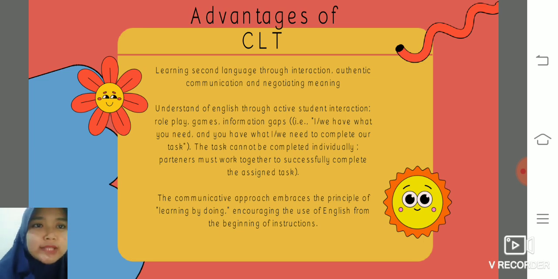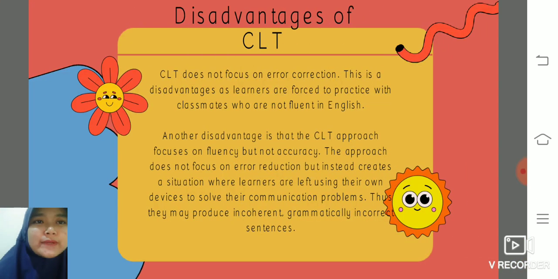The task cannot be completed individually. Partners must work together to successfully complete the task. The communicative approach embraces the principle of learning by doing, encouraging the use of English from the beginning of instruction.